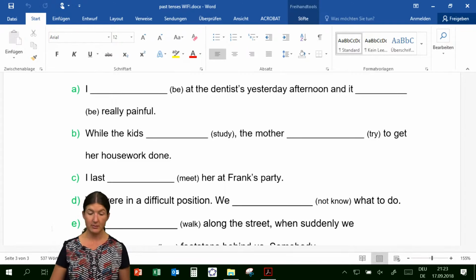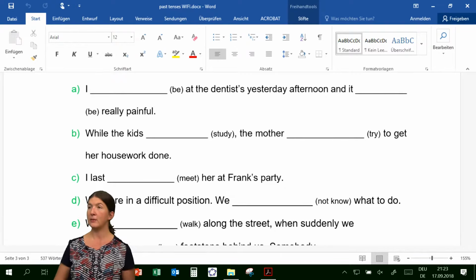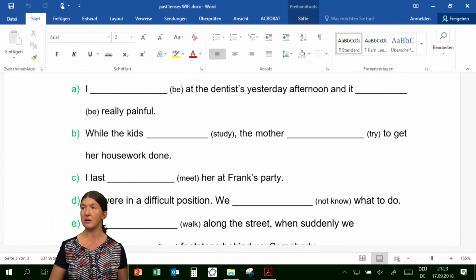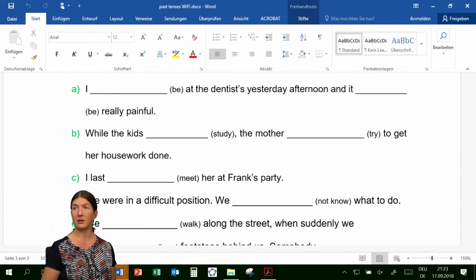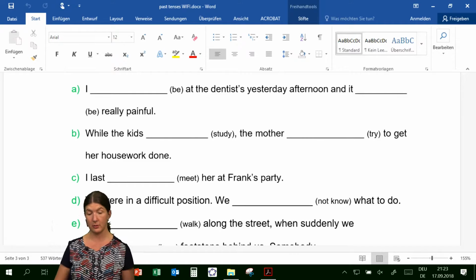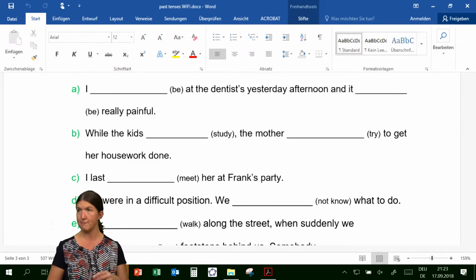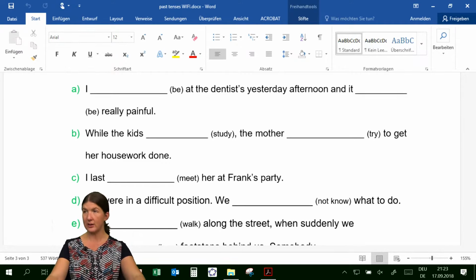So while the kids were studying, the mother was trying to get the housework done. Both are two longer actions that run simultaneously. So the kids are studying, mom is trying to get the housework done, two longer actions, so past progressive in both cases.